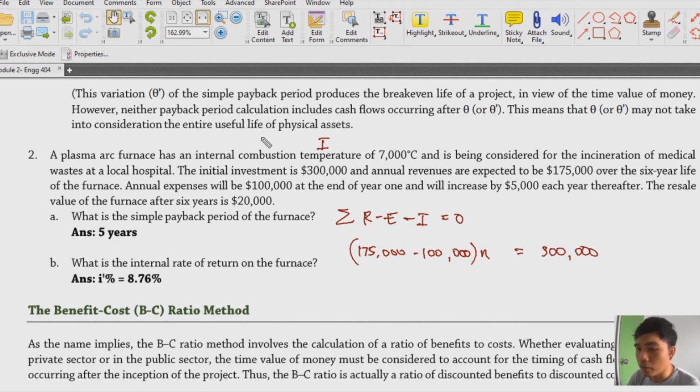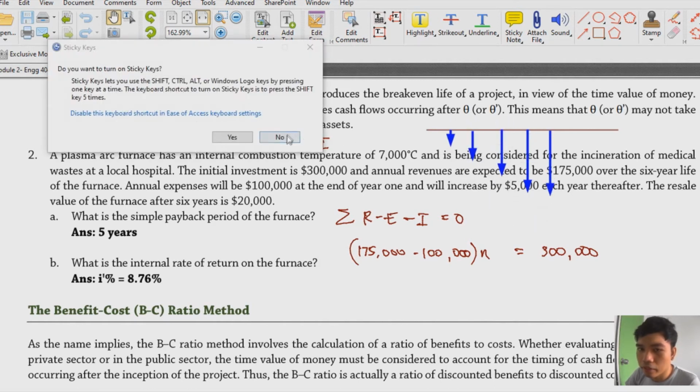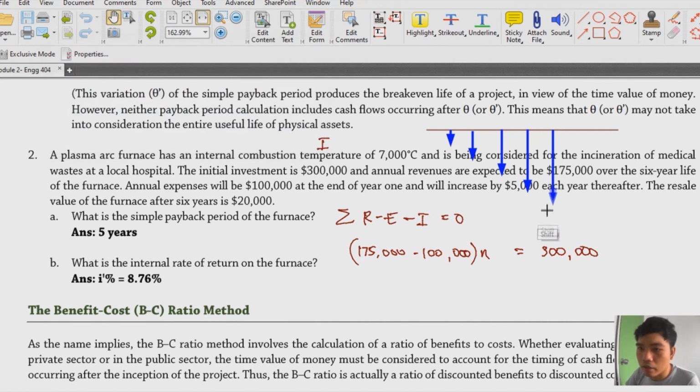And to consider our gradient here, we could just add them all. So basically, if we have a cash flow diagram, we know that we have the first year, second year, third year, fourth year, fifth year, and then the sixth year, which is the last.